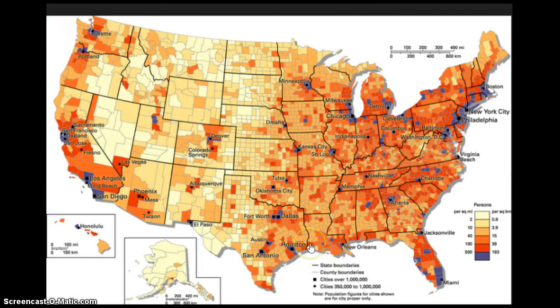Just to give you a general understanding, probably incredibly similar to the map that we just saw, where the darker the color, the more populated it is. In our major cities of Philadelphia, New York, Boston, Miami, San Diego, LA, San Francisco, Dallas, we have purples there.